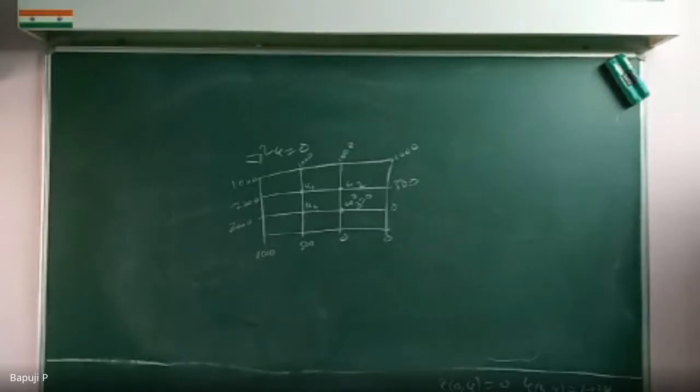By the standard 5-point formula, U2 is equal to 1000 plus U3, then 500 plus U1. Then U4 also by the standard 5-point formula. Then again U3 of 0: first you can assume 0 up to some three cases.